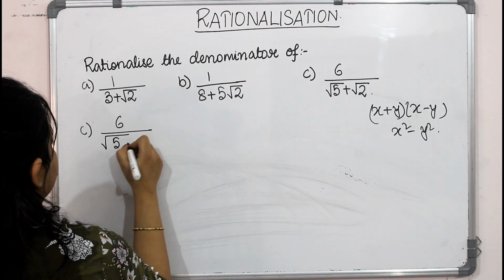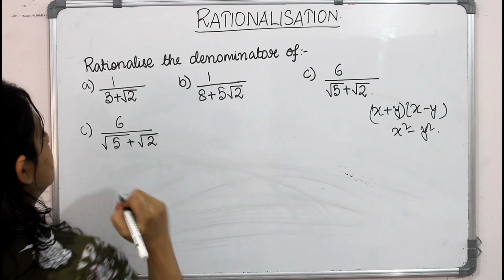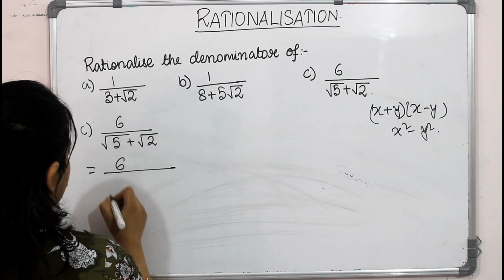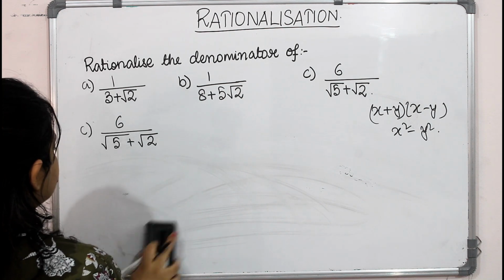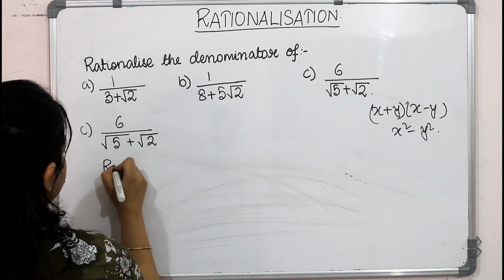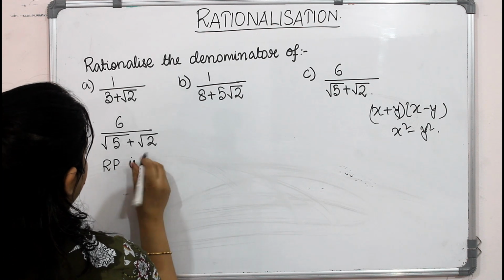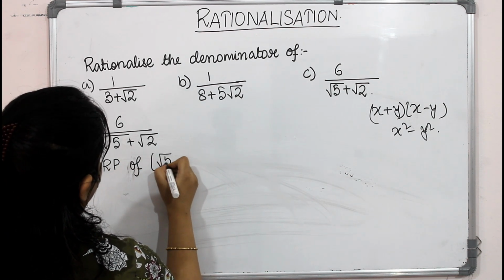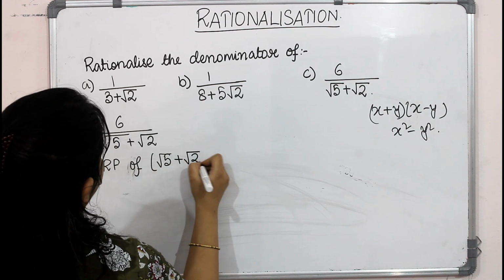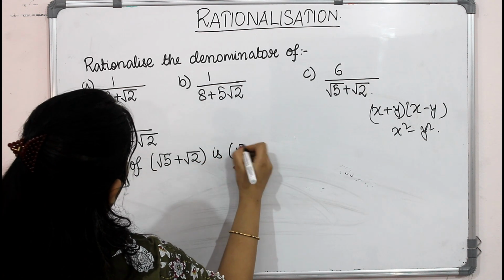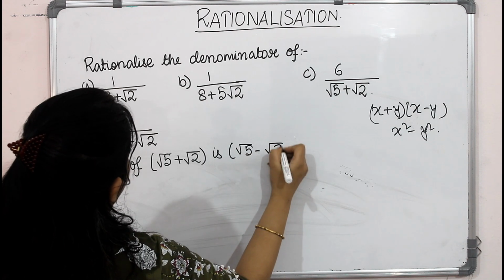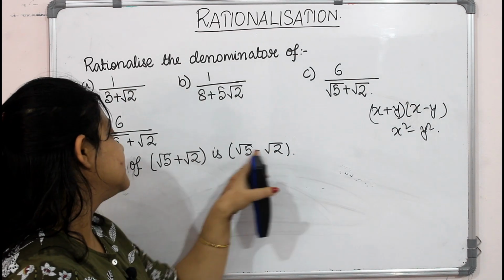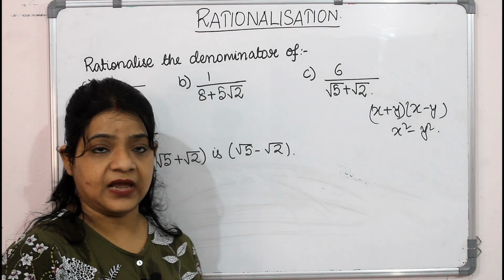Root over 5 plus root over 2. So this will be 6 divided by root over 5 plus root over 2. First of all, find out the rationalizing factor. The rationalizing factor of root over 5 plus root over 2 is root over 5 minus root over 2. So everything remains the same, only plus is changed into minus sign.